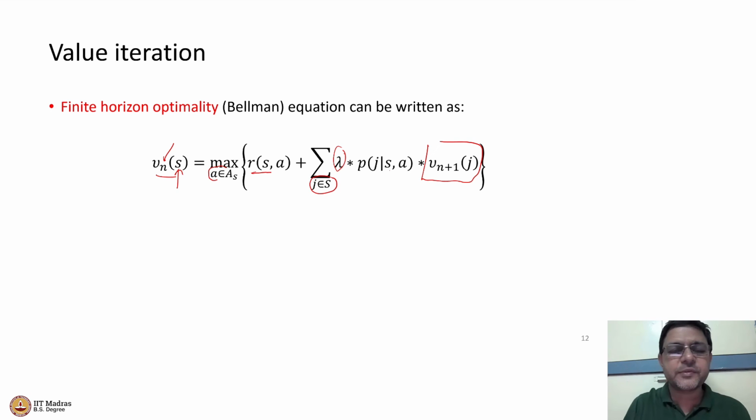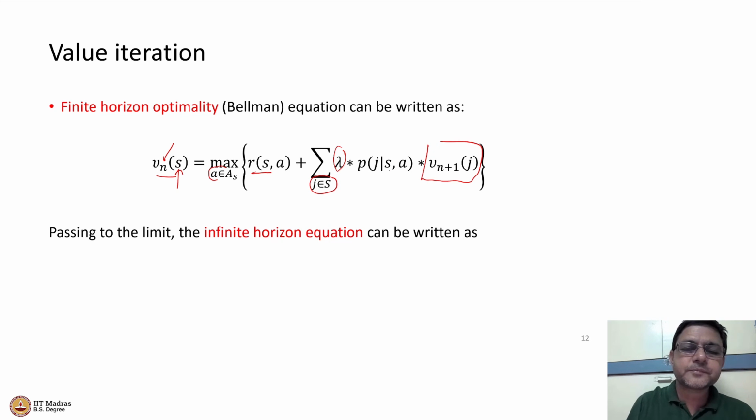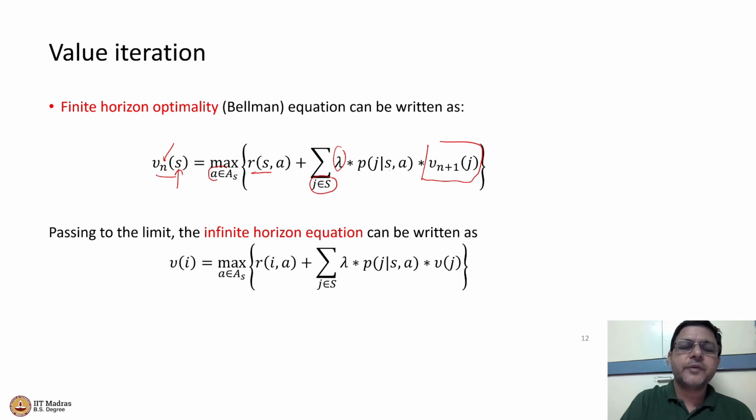If I were to take the limits of this, an infinite horizon equation actually becomes something like this, where the value of being in state I today is essentially the maximization of the immediate reward because of that action A, plus all the future rewards.